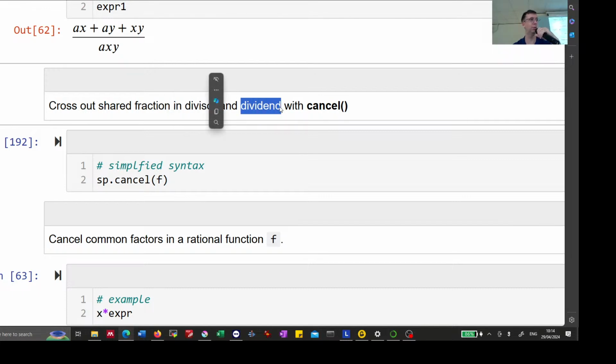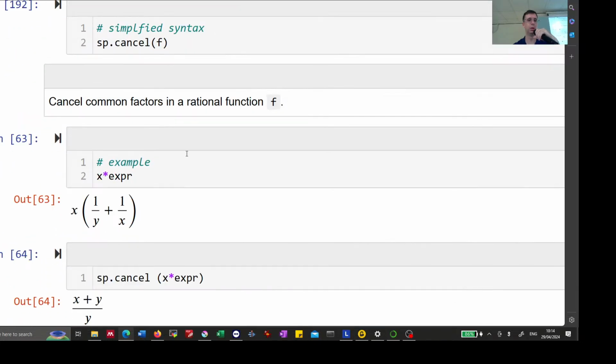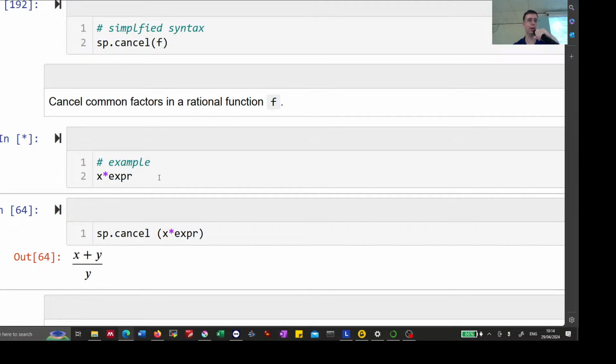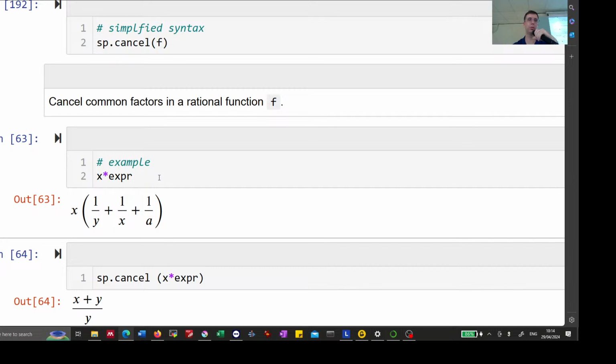So in a divided by b, a should be the dividend and b should be the divisor. Okay, so let's see. So we have here an expression x times our expression. Our expression was 1 divided by y plus 1 divided by x plus 1 divided by. So what we could do here actually is expand, right?